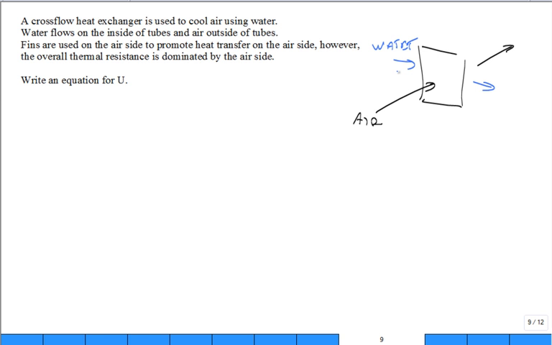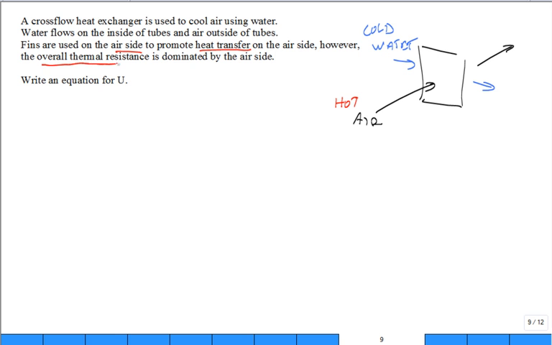So what is the cold fluid if the air is being cooled by the water? The water's the cold fluid. What's the hot fluid? The air. All right. Water flows on the inside of the tubes and air on the outside of the tubes. Very, very common. Fins are used on the air side to promote heat transfer.